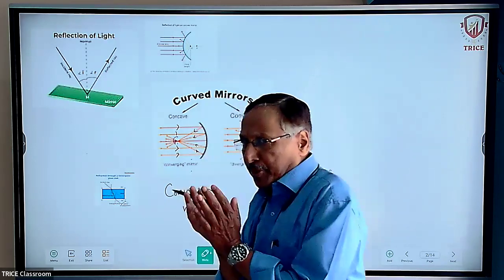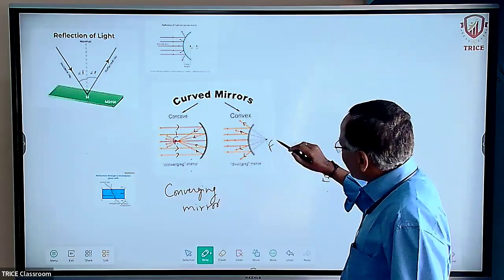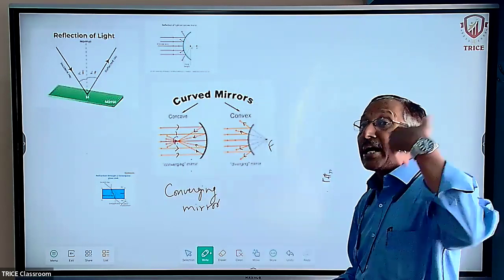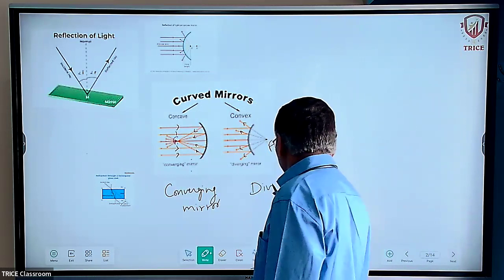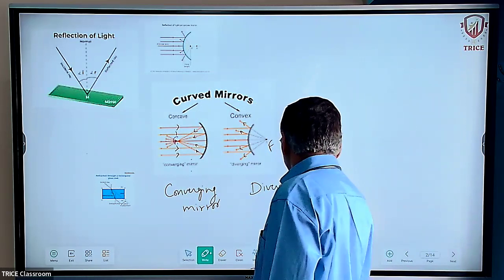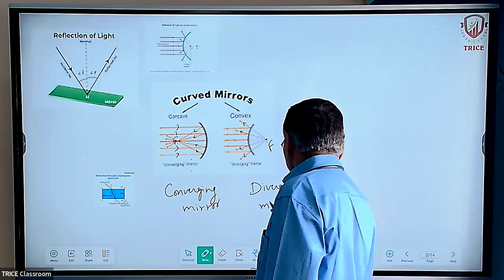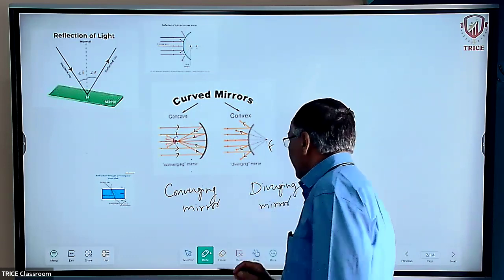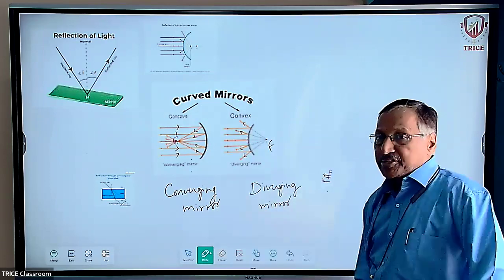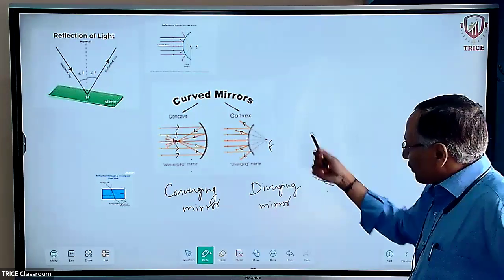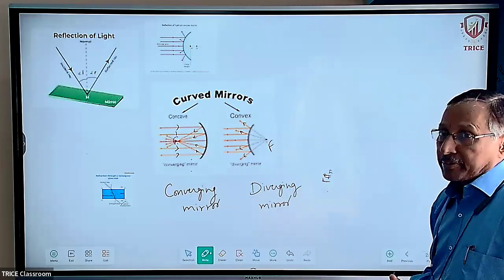Converge means meet at a point. Whereas here, light rays appear to be coming from a point behind the mirror. That's why this is called a diverging mirror. Concave mirror is called converging mirror, and convex mirror is called diverging mirror. All right.